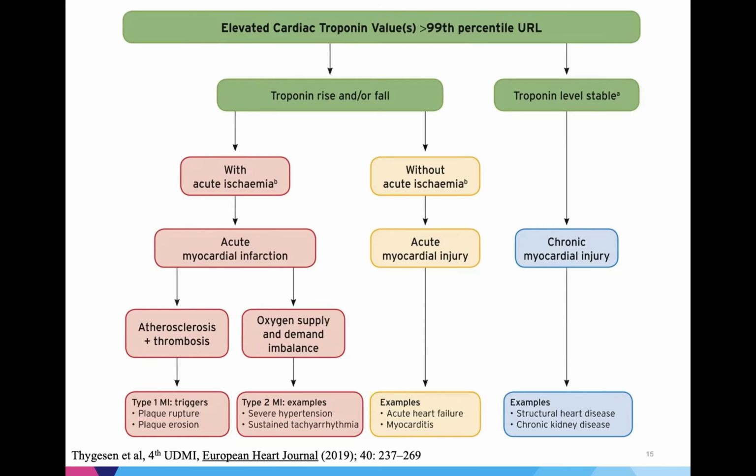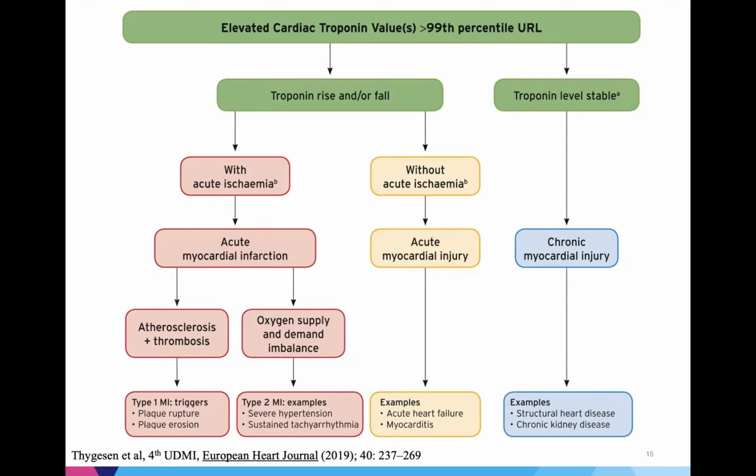You could have a completely non-ischemic syndrome that's bringing about this leakage of troponin, like a myocarditis or acute heart failure. An argument could be made that there's some dimension of ischemia that's a component to that, but strictly speaking, a pure acute myocardial injury is not demand ischemia.